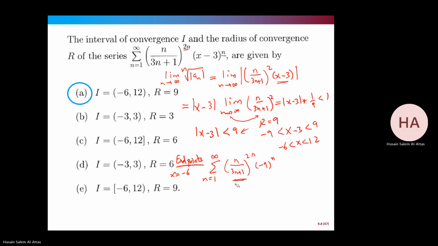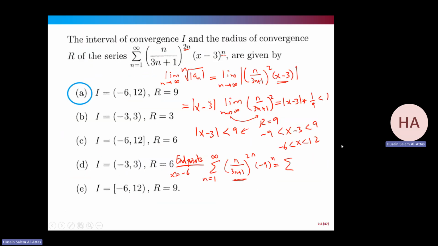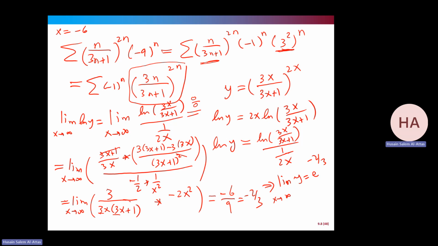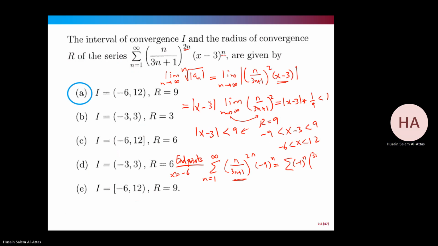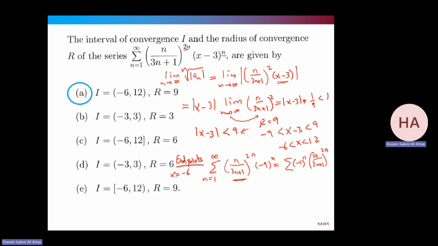This one, when you simplify it, we get the summation of (-1)^n times (3n over 3n plus 1) to the power 2n. We did this. And the limit is not equal to 0.